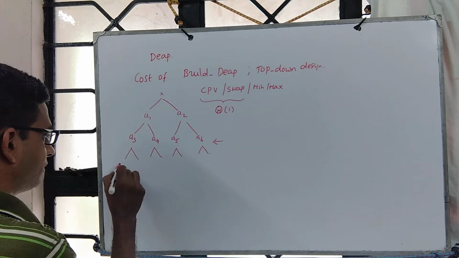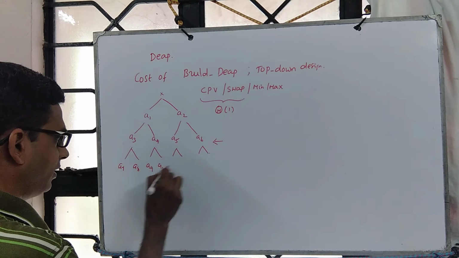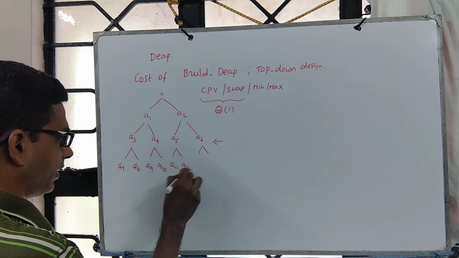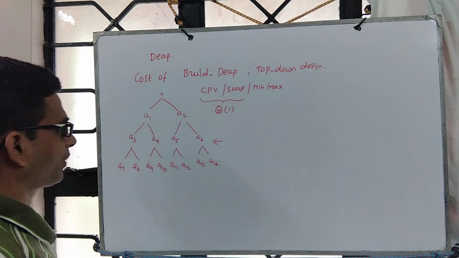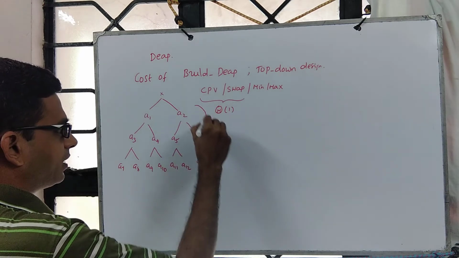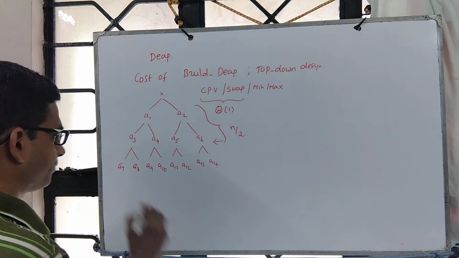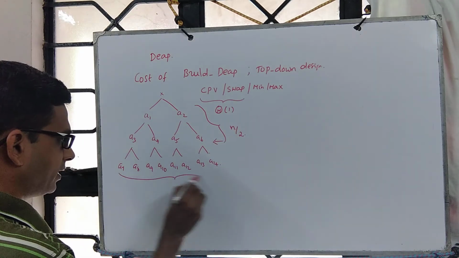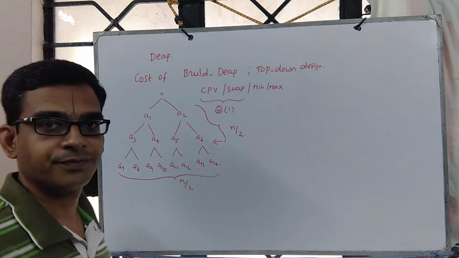So something like this will be A7, A8, A9, A10, A11, A12, A13, A14. So this part is roughly n by 2 and this part is the other n by 2. Fine.